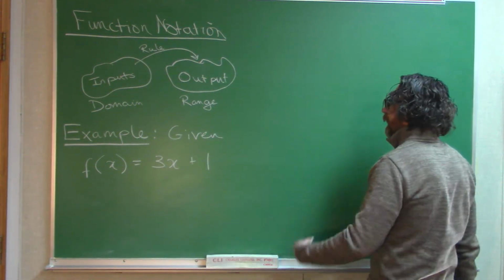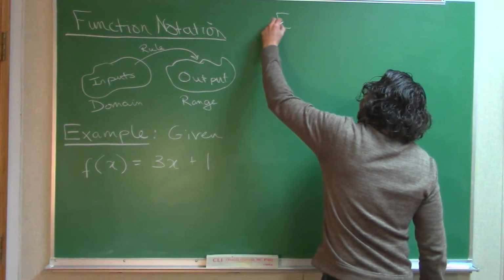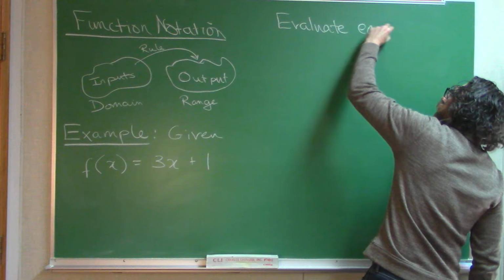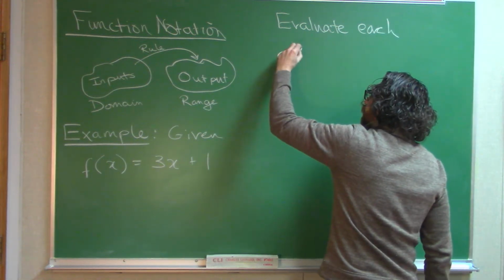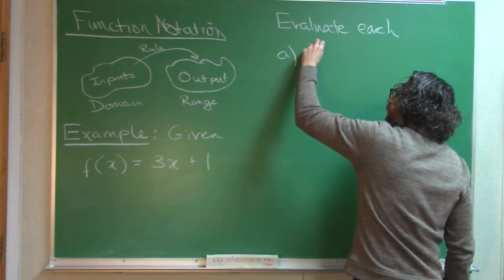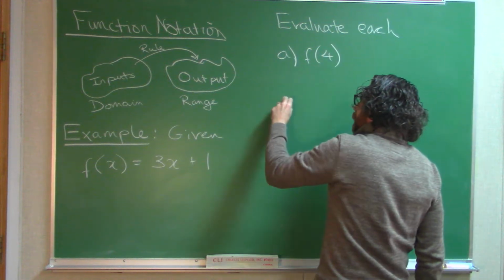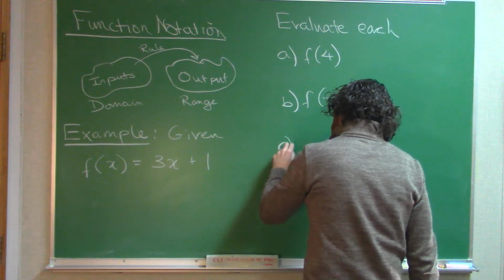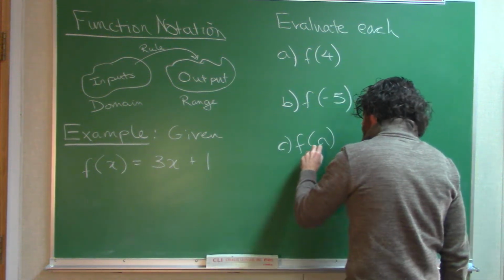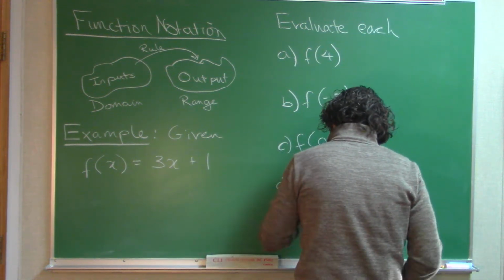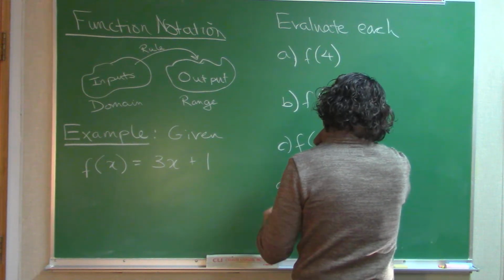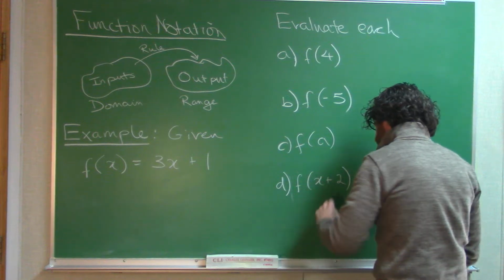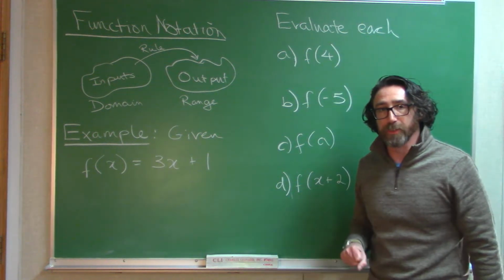We're going to evaluate various output values. Let's find f of 4, f of -5, f of a, and finally f of x plus 2. Okay, so these are the various outputs that we're going to find.